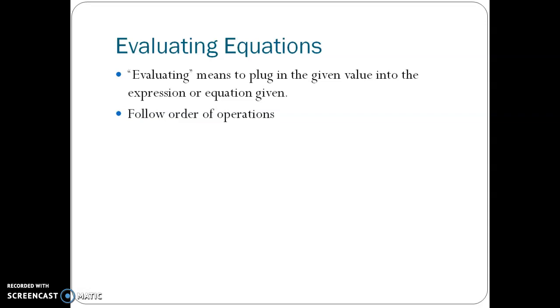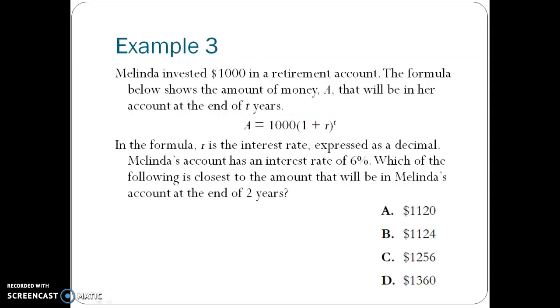All right, take a look at example 3. Melinda invested $1,000 in a retirement account. The formula below shows the amount of money A that will be in her account at the end of T years. Now, it's really important for these problems that you understand what everything is supposed to represent. So we'll keep that in mind.